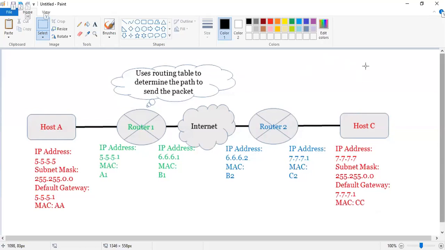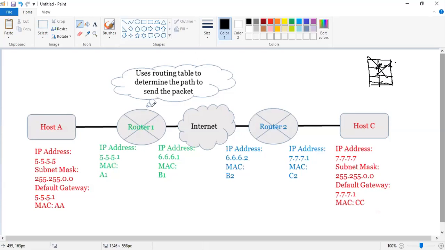The routing table will have information something like this: a small table in every router with the router and its gateway IP. If it is connected to 10 routers, all the routers' IP addresses and router names will be here. Okay, so this is how it determines.